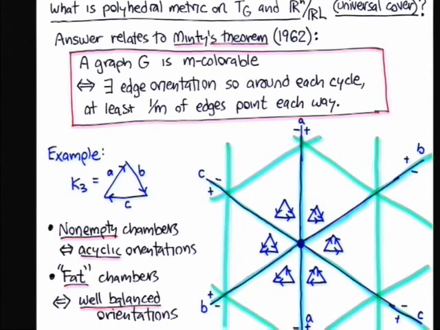So each chamber near the origin is assigning a sign to each edge, whether that function is positive or negative on that edge. And we can compare that sign to the reference orientation, we needed a reference orientation to make calculations.